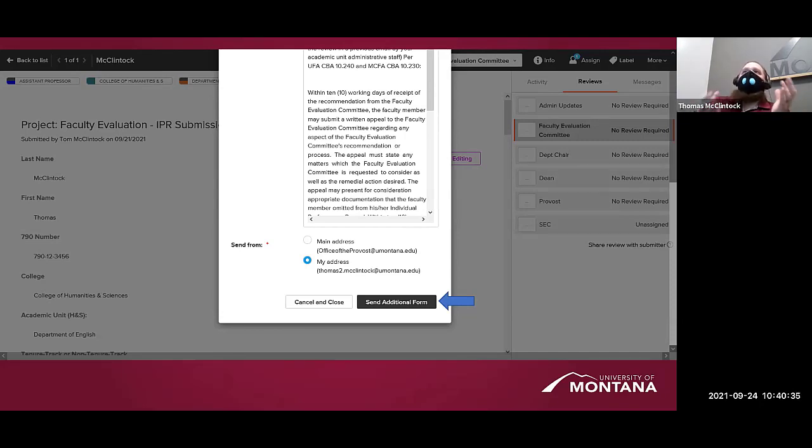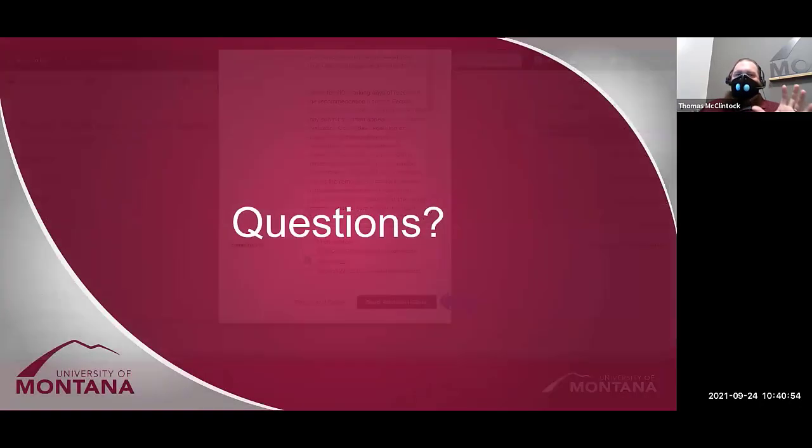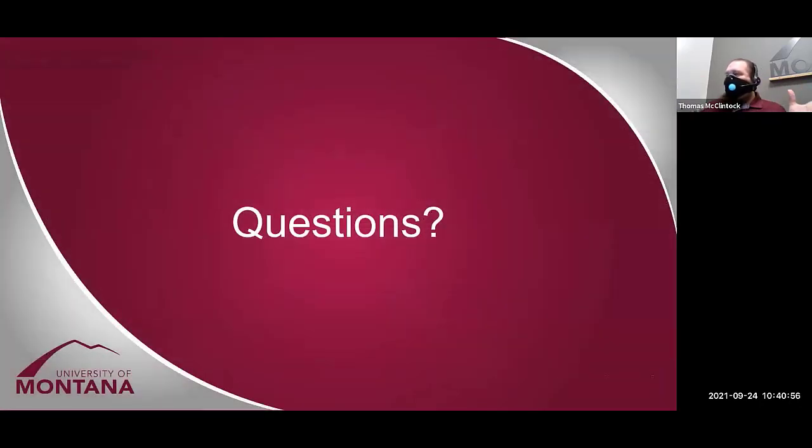And again, it's because they submitted it with their UMontana address, but then they're looking at it with a separate account that needs to be merged in. That pretty much covers the majority of the submittable side of stuff, but I know that there are going to be questions, and that's why I left this last little bit for questions.